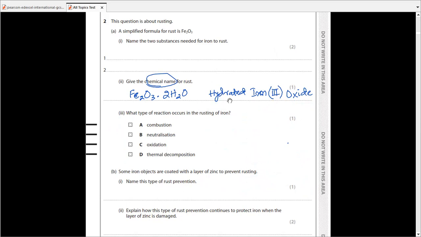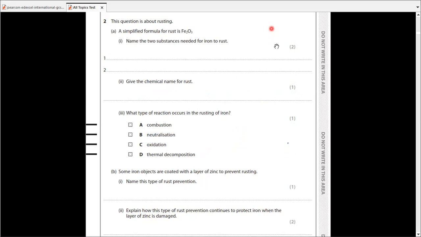And some iron objects are coated with a layer of zinc to prevent rusting. Name this type of rust prevention. You can either call it sacrificial protection or galvanization, I think. Yeah, both names are correct. If zinc is specifically mentioned in the question, I would prefer galvanizing as an answer.